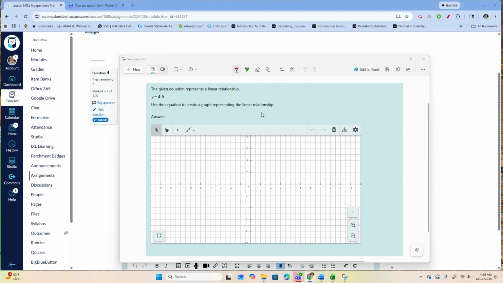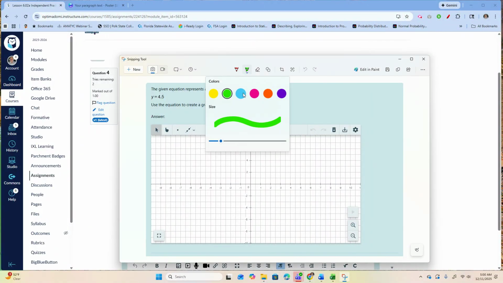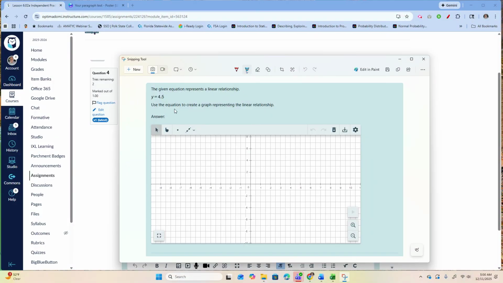Here's question number 4, and look how interesting this one is. I'm going to highlight this because it's really interesting. Look at my equation. y equals 4.5. What is interesting about this equation is that it doesn't have the x variable.